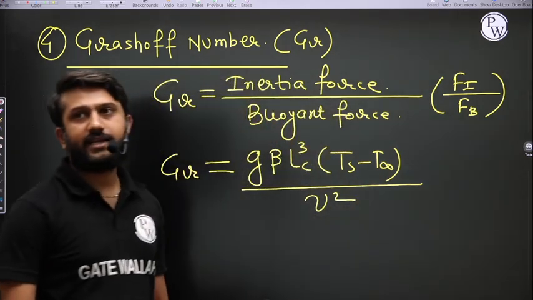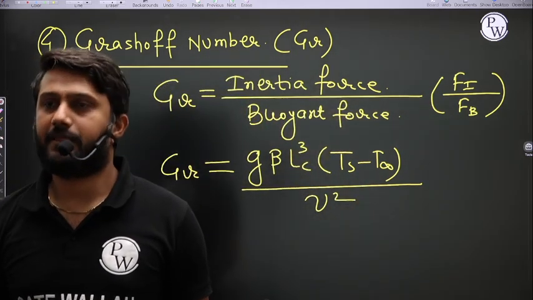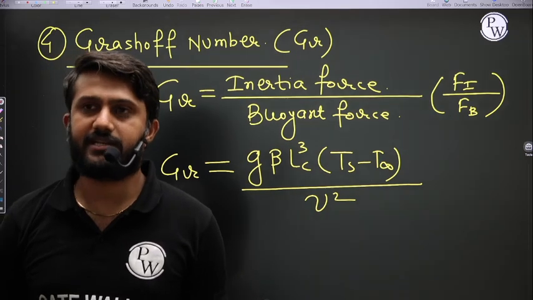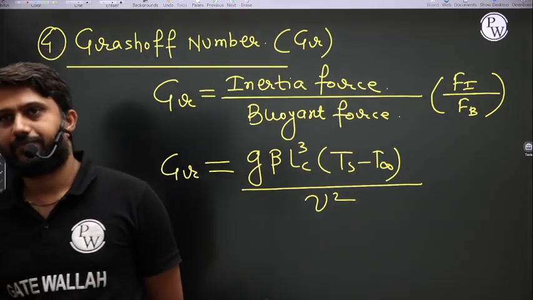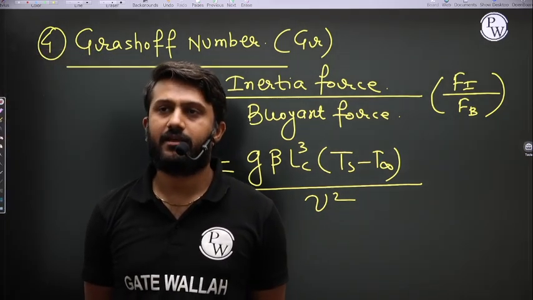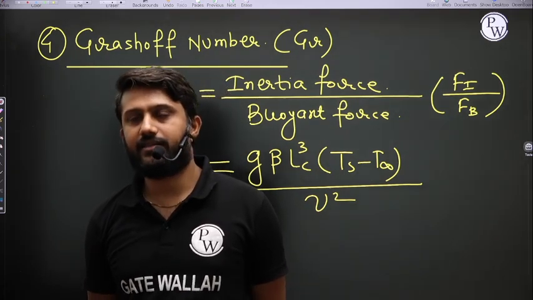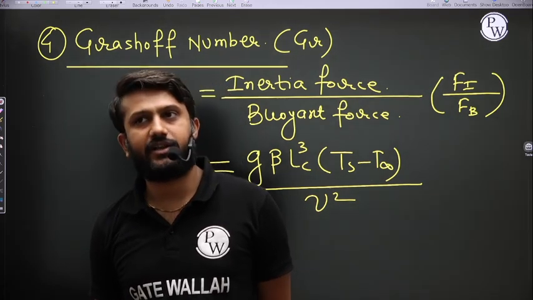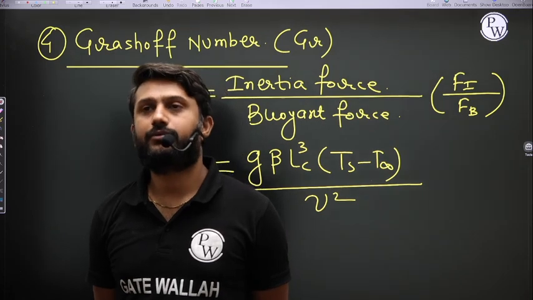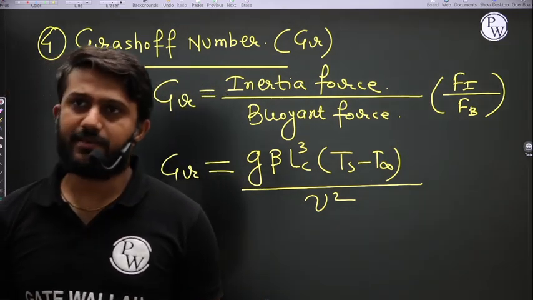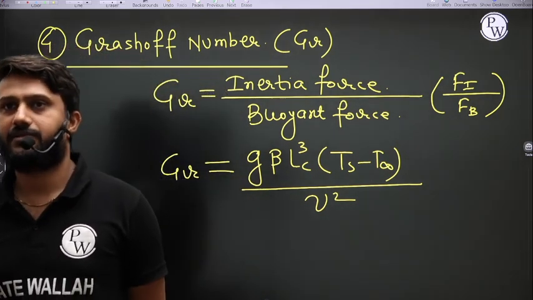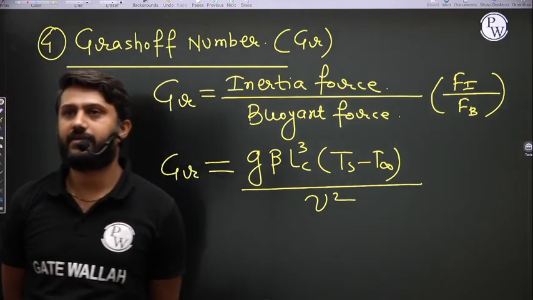What is beta? g is the gravitational acceleration. Beta is the volume expansivity. Lc is the characteristic length. Ts is the surface temperature. T infinity is the fluid temperature. And nu is the kinematic viscosity. So this is the mathematical expression of the Grashof number.